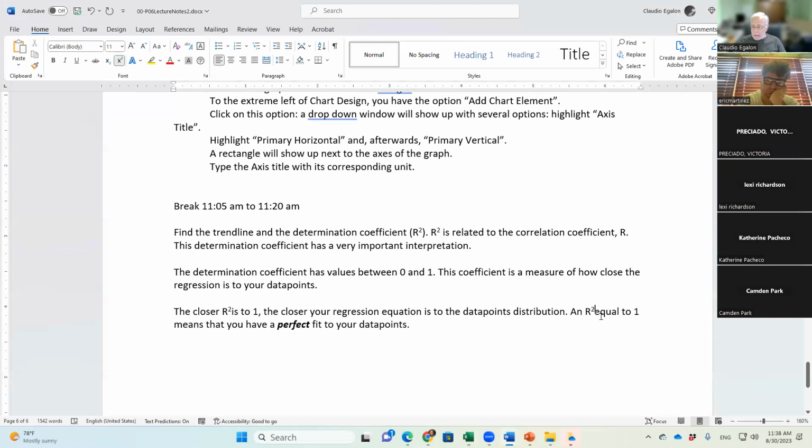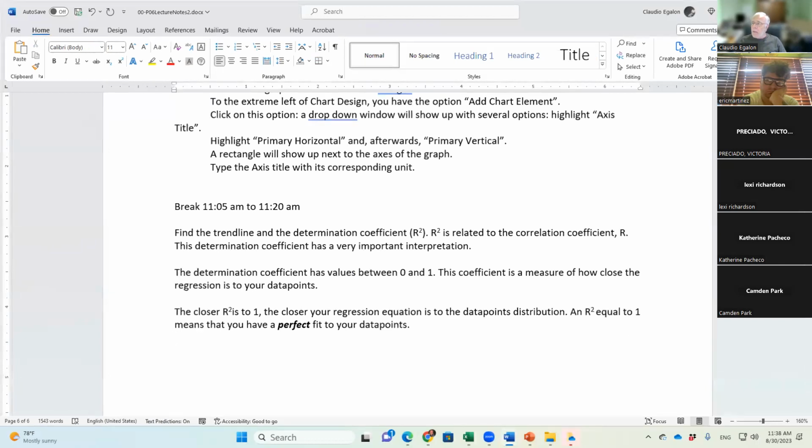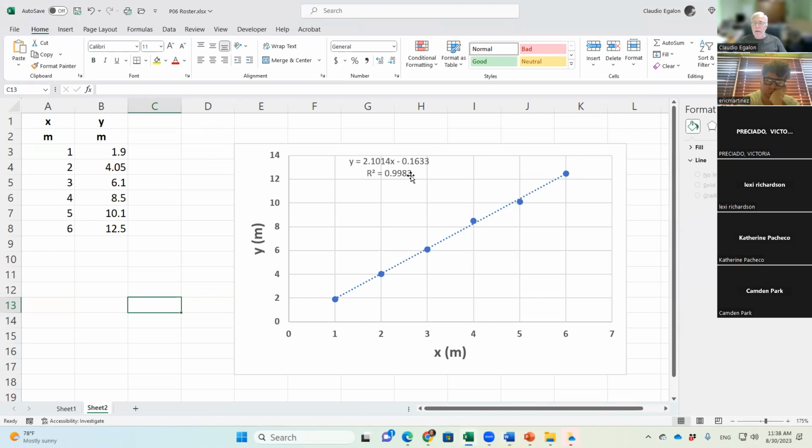When I was there at NASA, my boss just told me what this number is here. It's like a percentage, right? The data is 99.83%. The regression equation was 99.83% closer to the data points. Nothing further from the truth. Very far from the truth, okay?